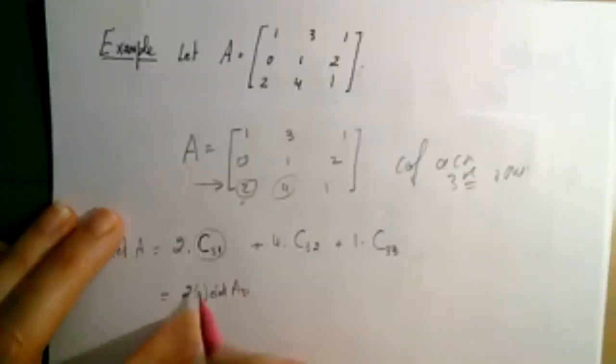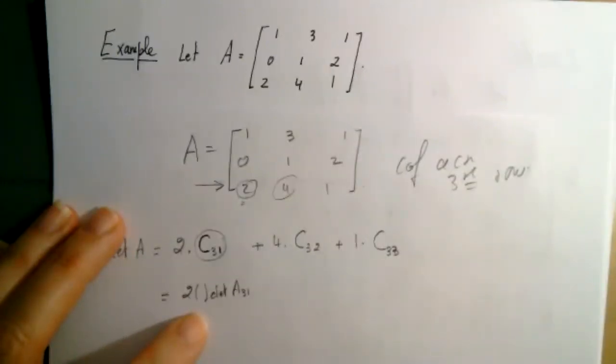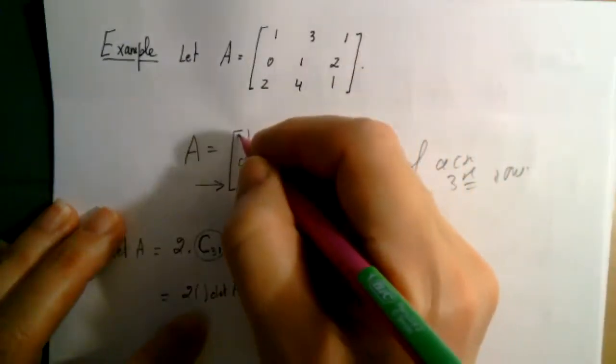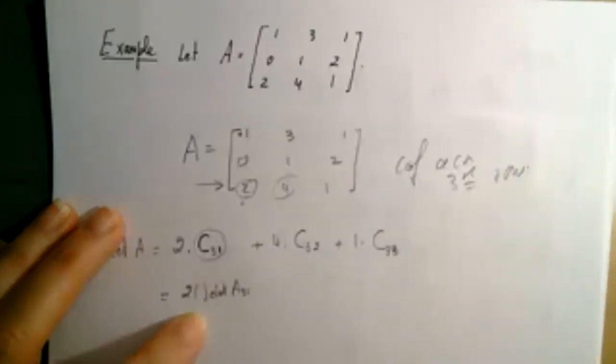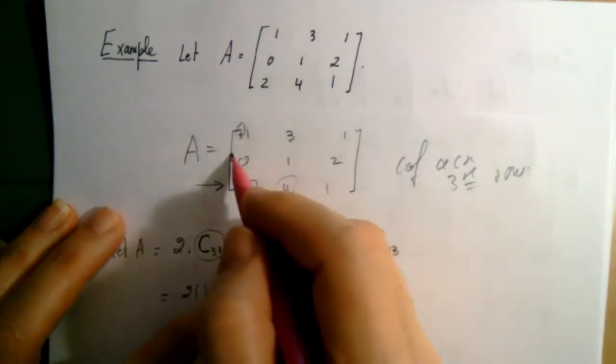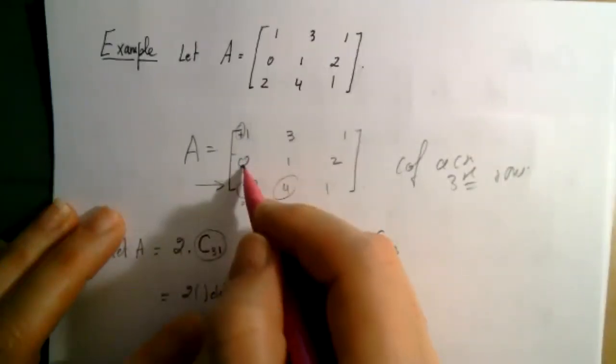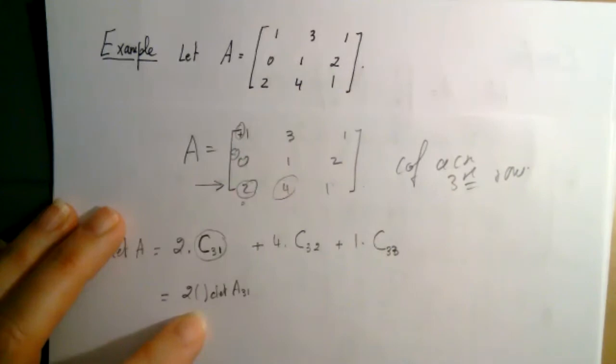Now, to determine whether this sign is positive or negative, I'm going to use the checkerboard sign. And what does this tell me? The checkerboard sign tells me that if you're looking for C11, this is going to be positive. C21 is going to be negative the determinant.